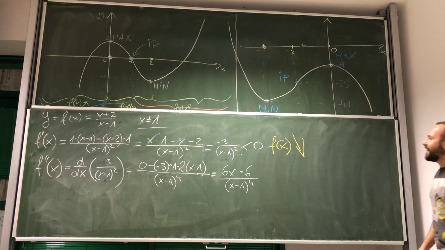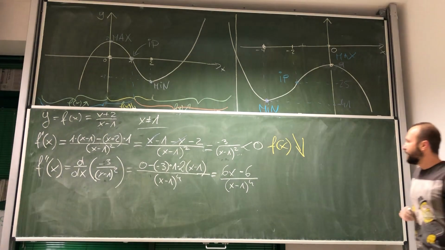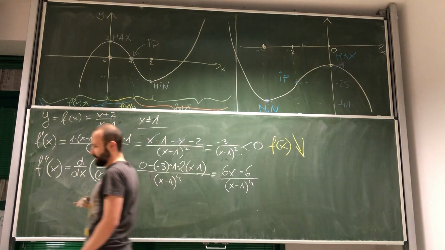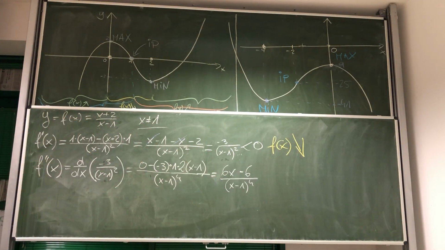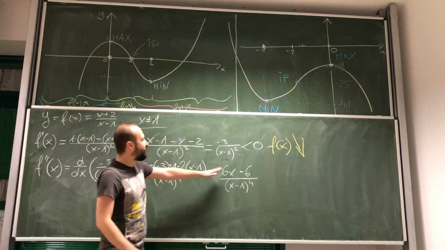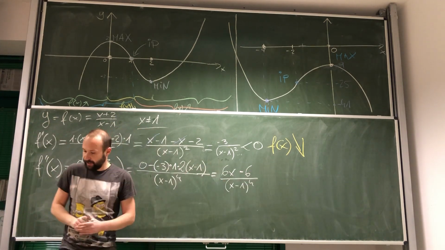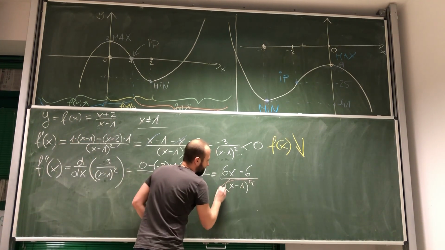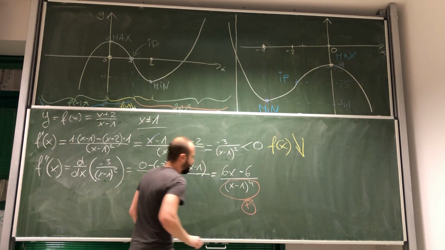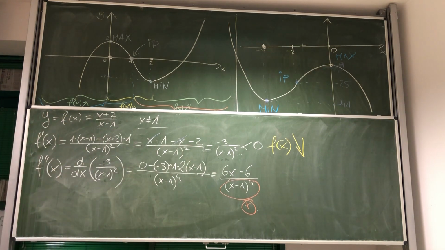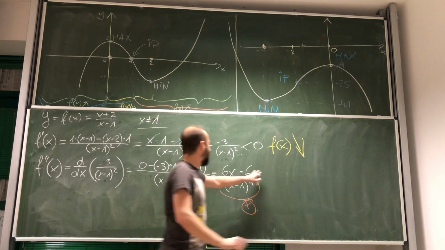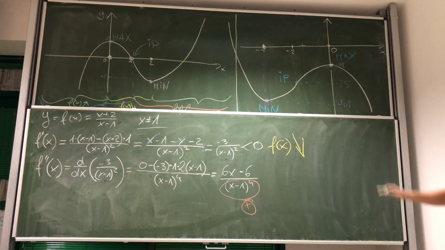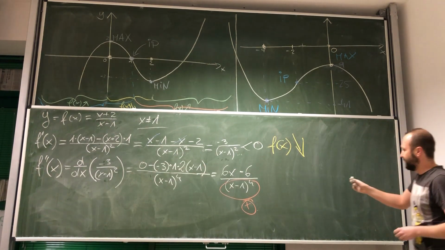Now, we can ask what will be the value of this expression, right? And look, this expression can take both positive or negative values, but we still know that the expression in the bottom will always be positive, right? Because we excluded 1. So the only thing we need to find is where 6x minus 6 is positive or negative.